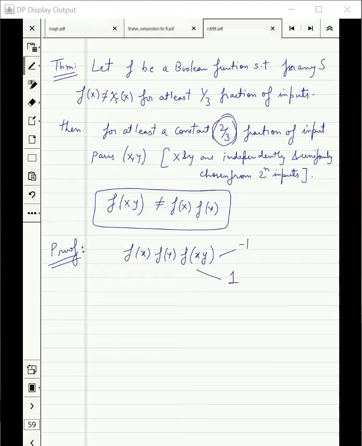How can I convert this into a 0, 1 variable? I want to have 1 if f(x+y) is not equal to f(x)f(y), and I want to have 0 when f(x+y) is equal to f(x)f(y).